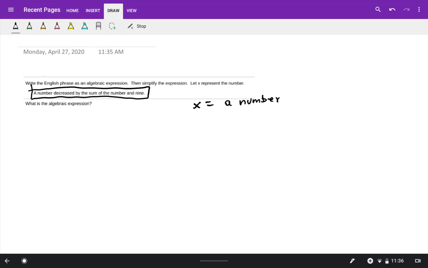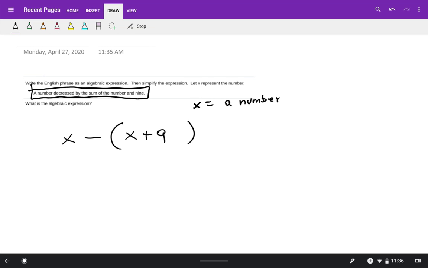So a number decrease means minus, by the sum of the number and 9. A number which we don't know, x, decrease means minus, by the sum of the number and 9, so you want to combine them together.